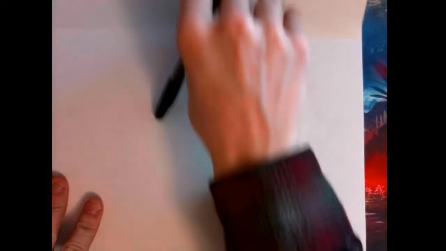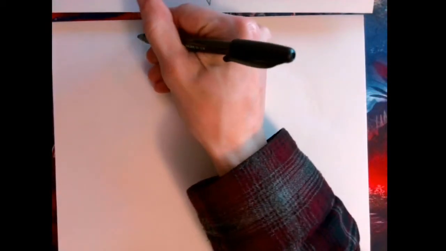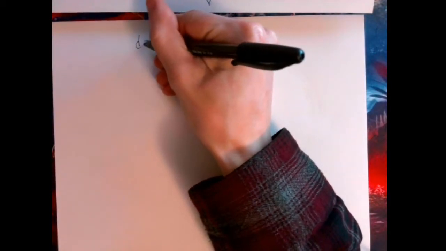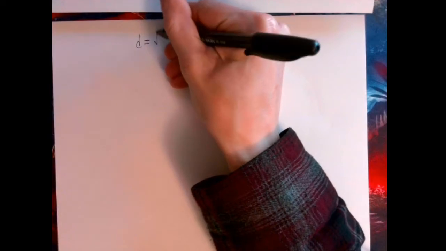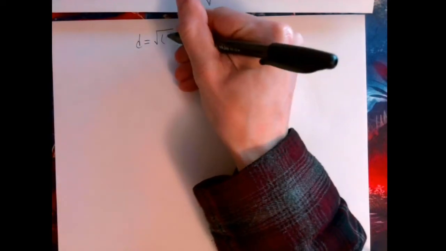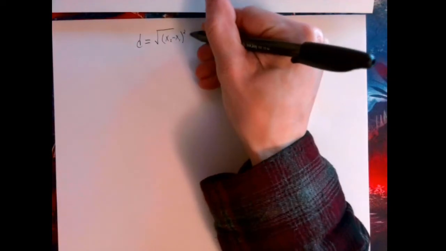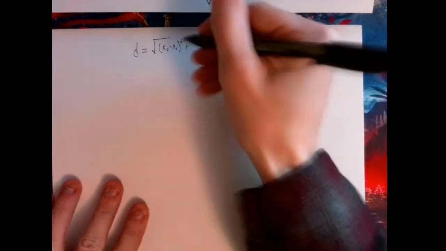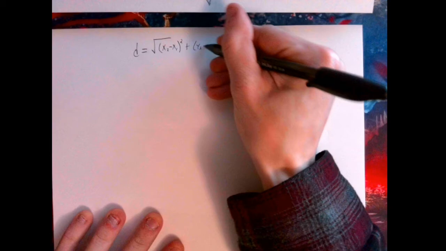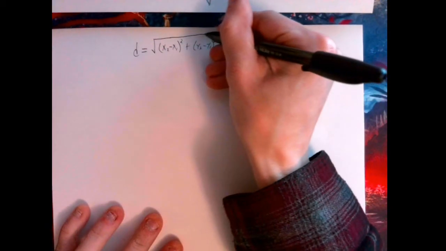So we're trying to find the distances, right? So we'll need our distance formula, which we know is derived from the Pythagorean theorem, and it gives us the square root of x2 minus x1 squared plus y2 minus y1 squared.